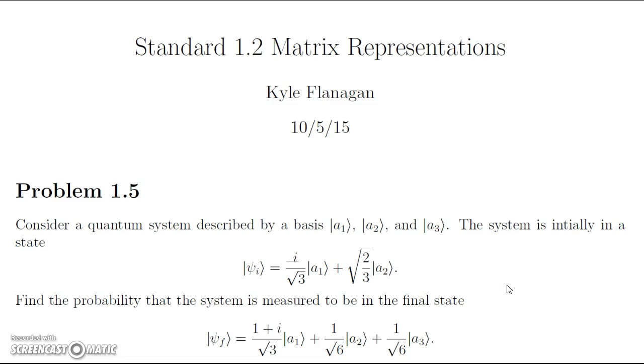As soon as we try to find probabilities and do other calculations with higher amounts of basis vectors and higher dimensional systems, using bra-ket notation gets substantially harder and the arithmetic gets very complex really quickly because we're taking a large amount of products with one another. But using matrix representations, we can just take an easy multiplication between two vectors and it only comes to a small amount of math.